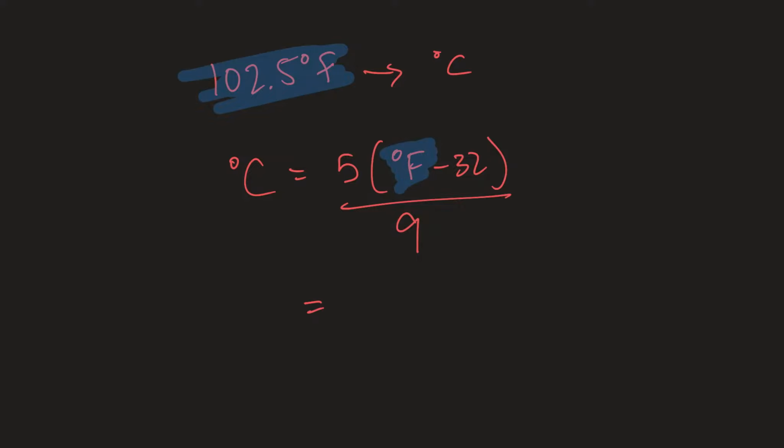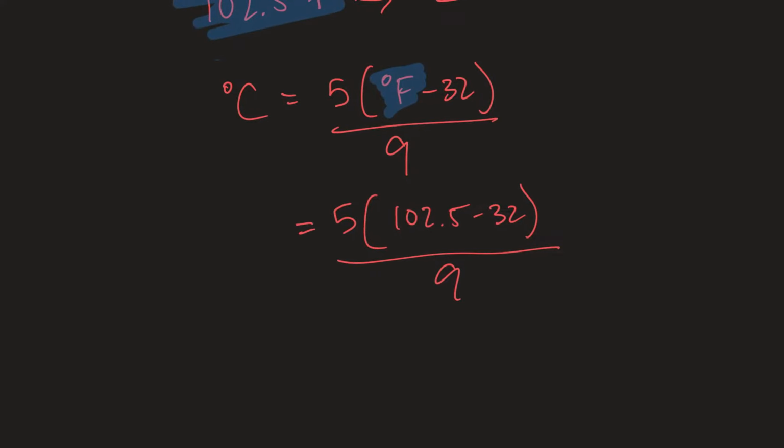When I rewrite this, I have 5 times 102.5 minus 32, over 9. I will plug this into the calculator, and when I do that, I see that my temperature is 39.17 degrees Celsius. So 102.5 degrees Fahrenheit equates to 39.17 degrees Celsius.